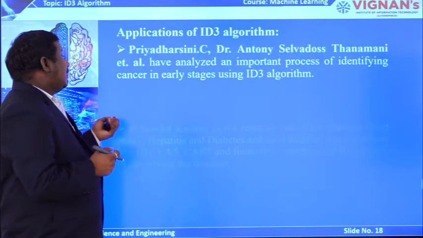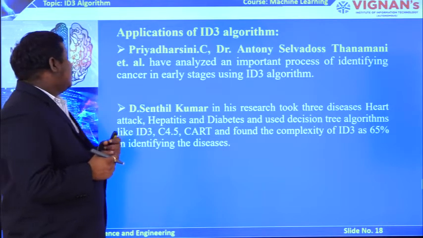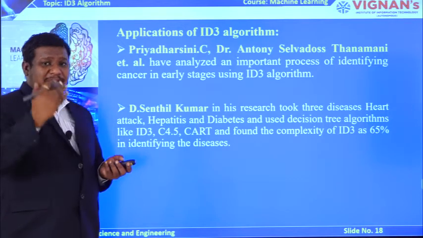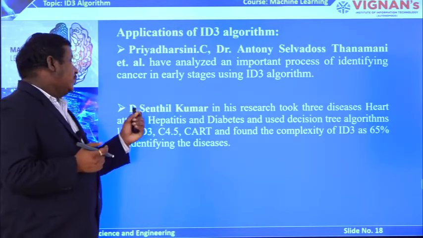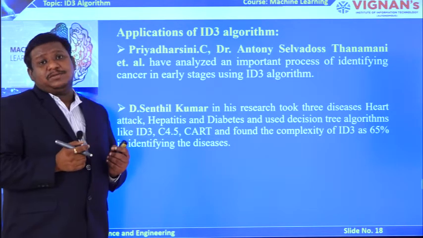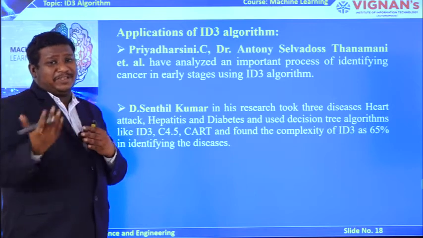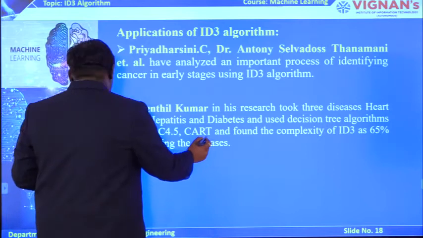The other applications are Priyadarshini and other people analyzed the importance of this ID3 algorithm in cancer detection in the earlier stages by classifying the data. Similarly, Sendil Kumar in his research work took 3 heart disease problems, and compared heart attack predictions using 3 algorithms: ID3, C4.5 and CART.